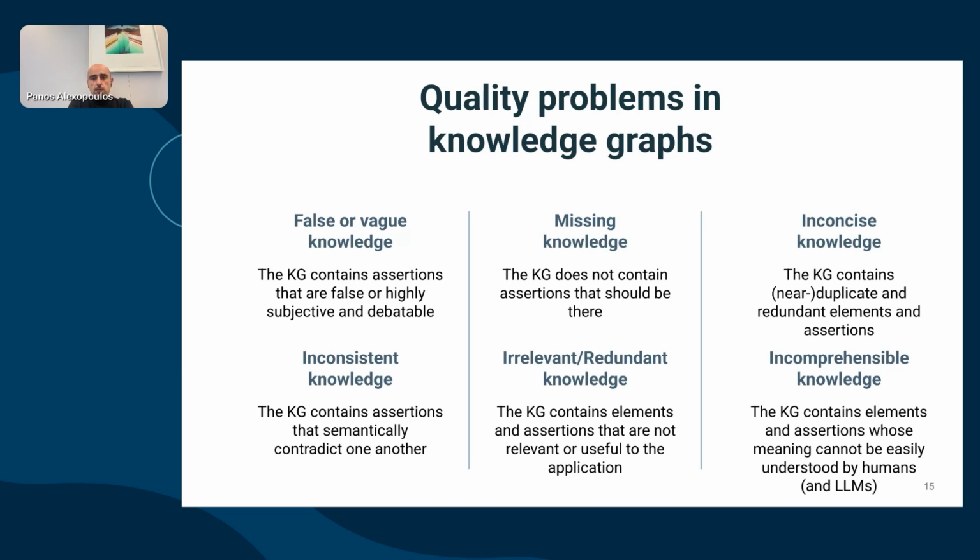And the same argument applies for when we have inconcise knowledge. Inconcise knowledge is when the knowledge graph contains duplicate or near duplicate and redundant elements. Especially when it comes to entities, this is a typical problem. Imagine having built a knowledge graph about organizations and about people, and having, for example, 2 or 3 different nodes representing the same company or the same person, right?